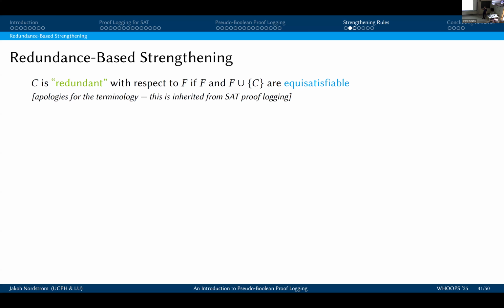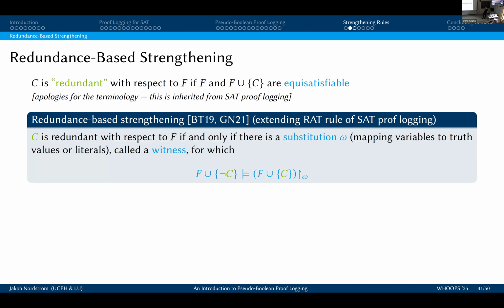The choice of terminology redundant is a little unfortunate, because most logicians would say that this definition means C is not redundant, but we inherited this from the SAT community and have not tried to change it.